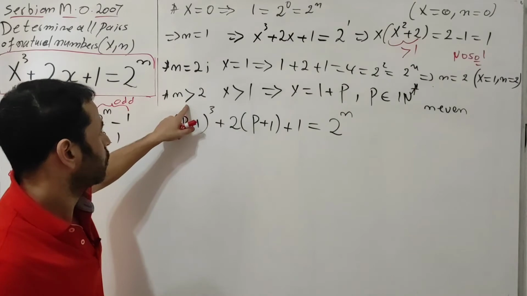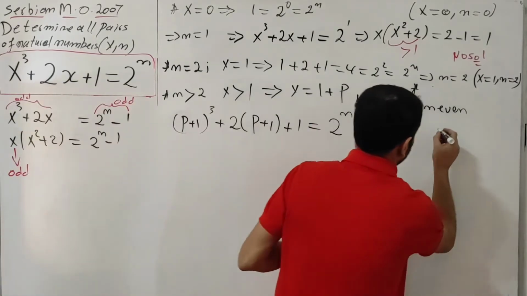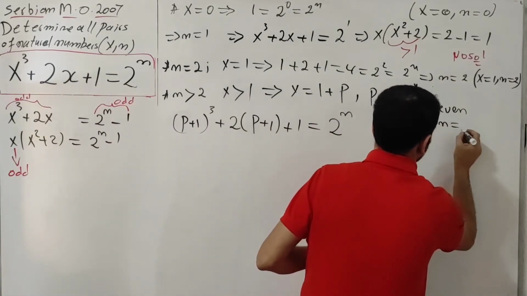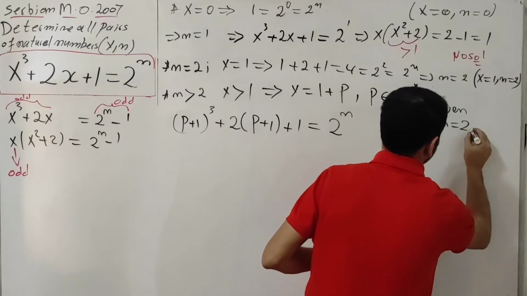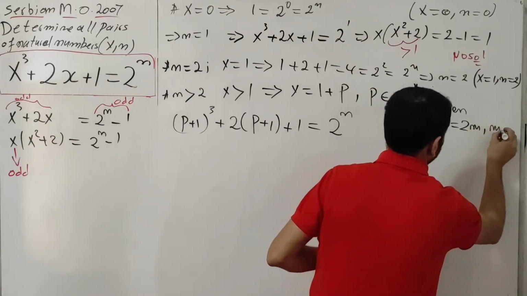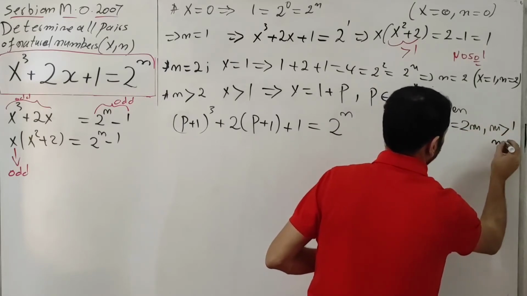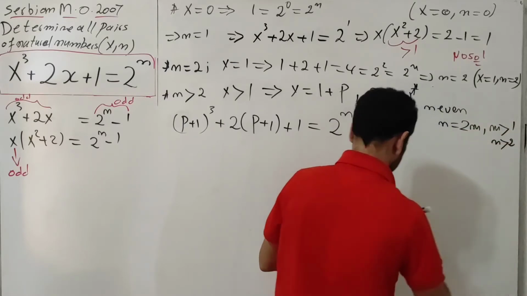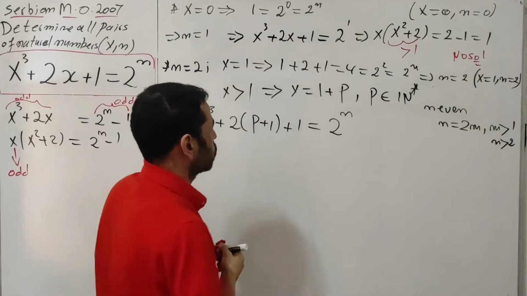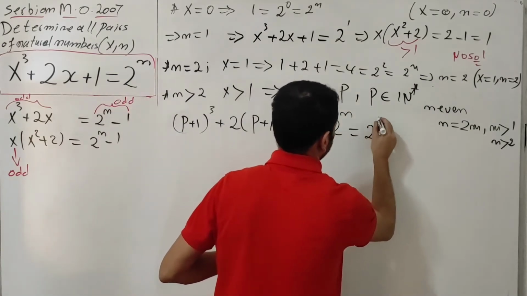If n is even, that means n equals 2m, where m is strictly superior than 1 and n is strictly superior than 2. So I'm going to replace this term with 2 to the m.